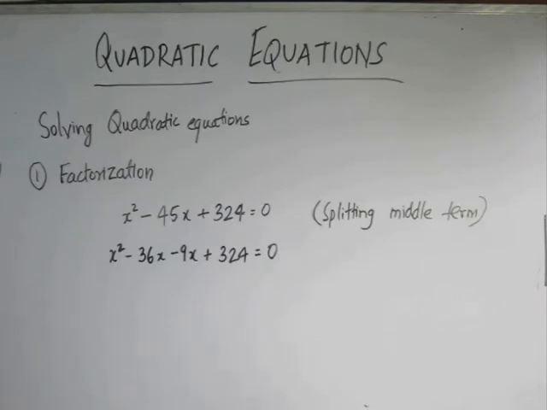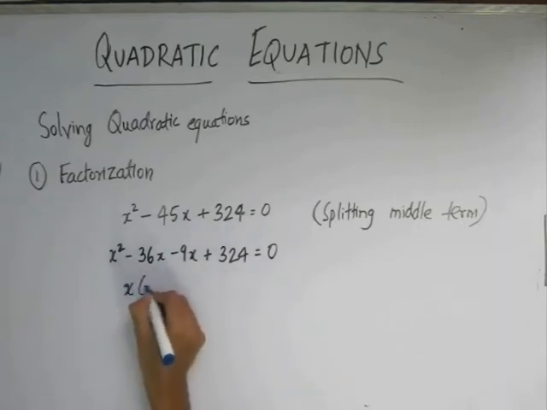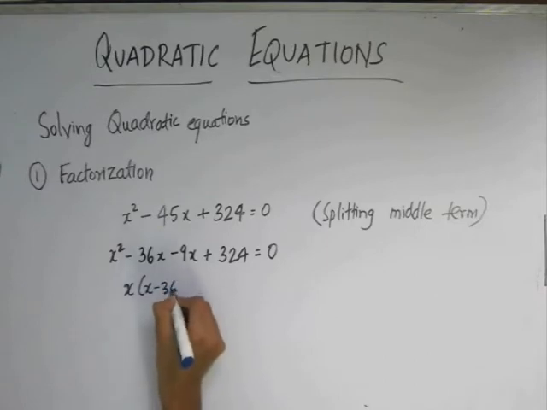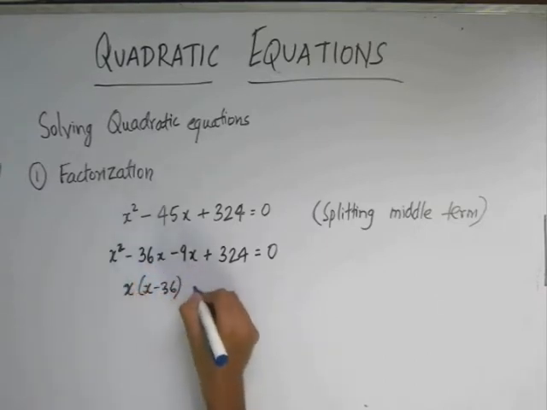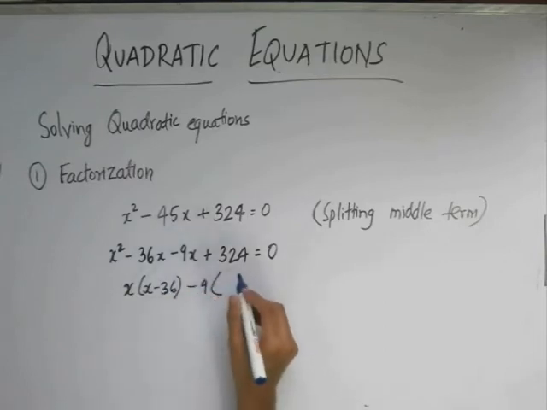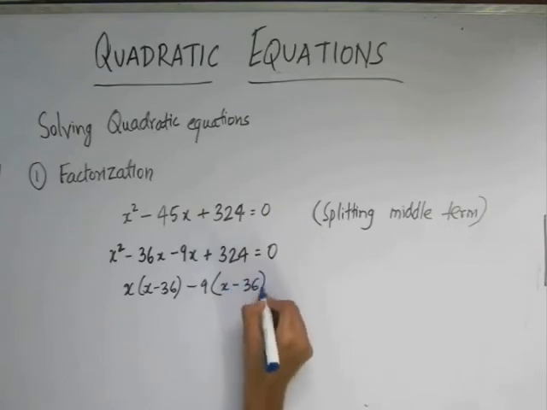Now we have an advantage. We can factorize each of the terms separately and then add them together at the end. We factorize x square minus 36x as x into x minus 36, and we can also factorize this as 9 into x minus 36.